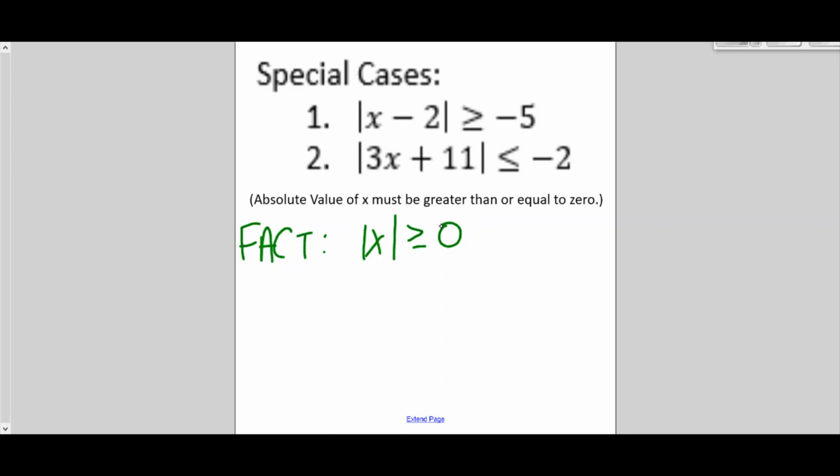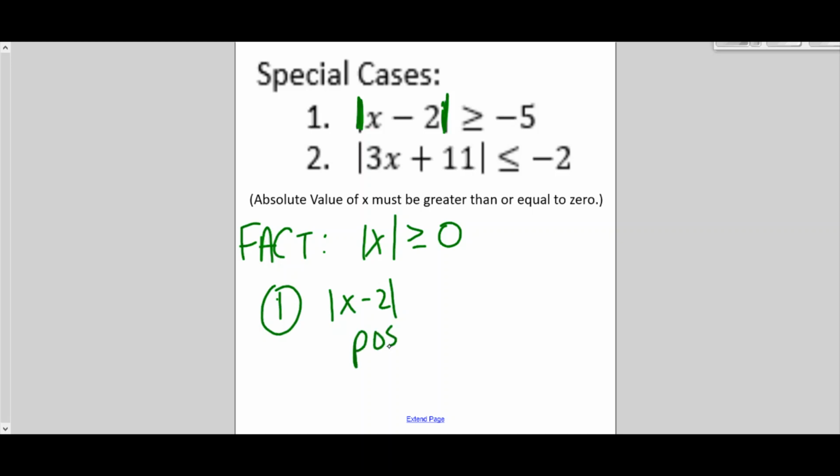So in special case number 1, I have absolute value of x minus 2 greater than or equal to -5. Well, think about this for fact number 1. I have absolute value of x minus 2. Remember, on the left side here, this is always positive because this is just an absolute value.